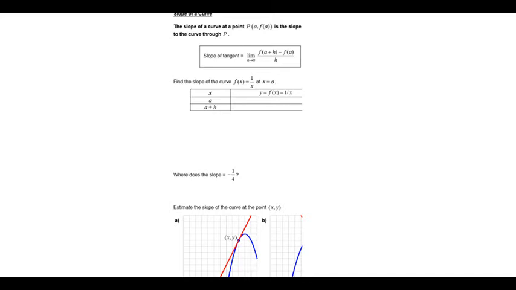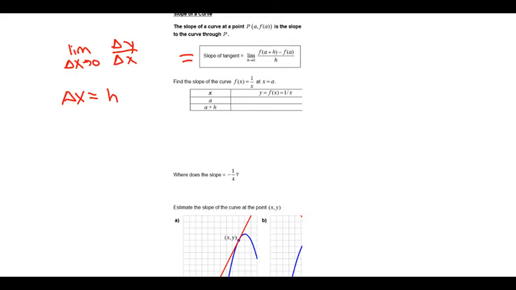So this should look very similar to page 2, where we had the limit as delta x approaches 0 of delta y over delta x. Remember that at the end of our problem in page 2, we realized that delta x is actually equal to h, and that is true for the tangent line at any curve.